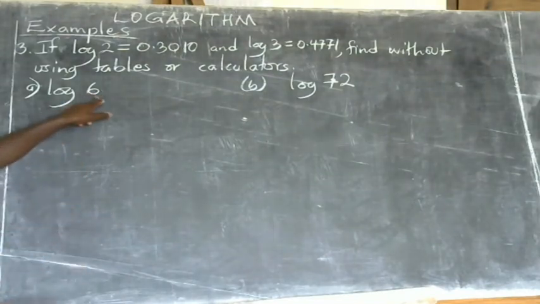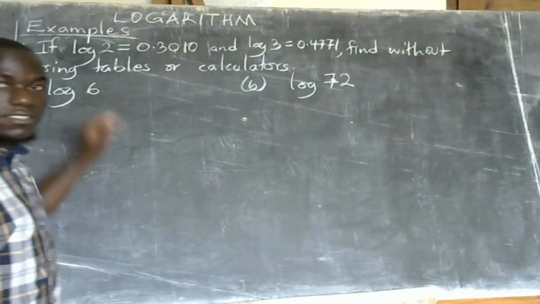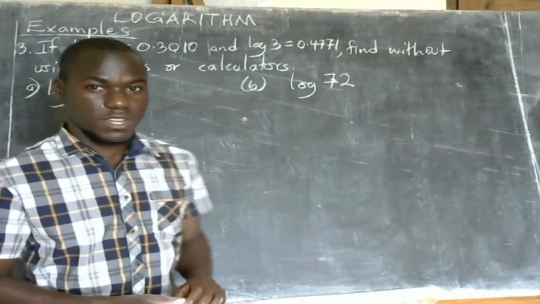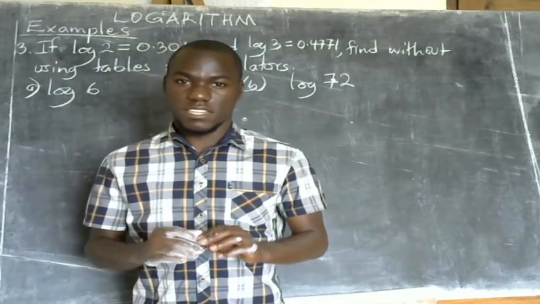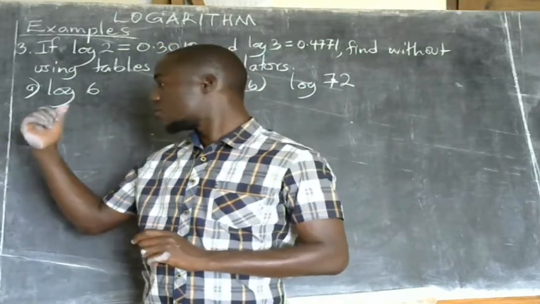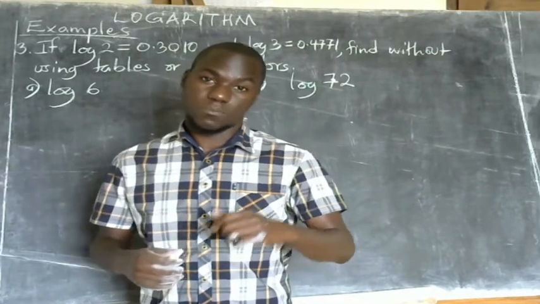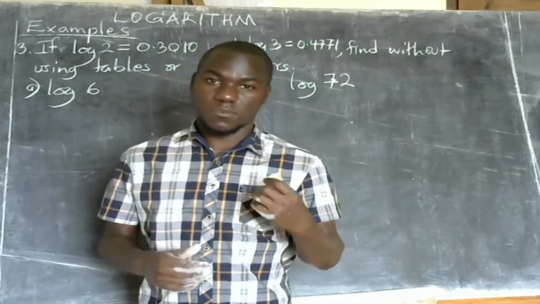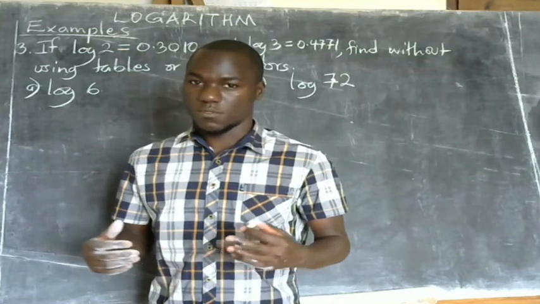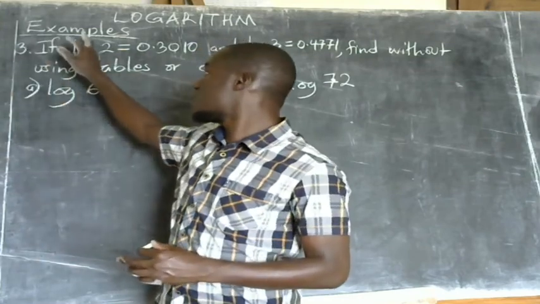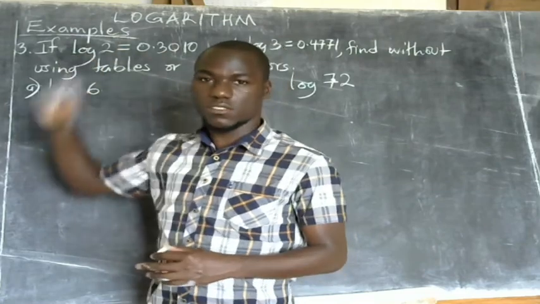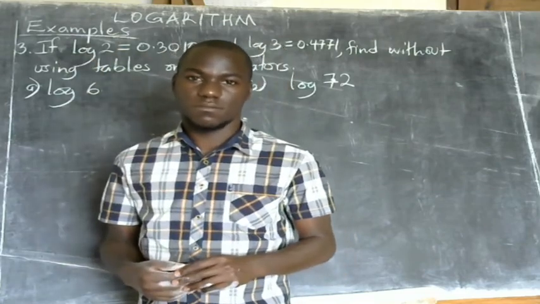So here, just like the previous example, we are going to write them as separate logarithms. That is, we are going to prime decompose now. 6 is a figure, and also part B, we are going to do the same, prime decompose the 72, and then we see how we come about with an independent log 2 and then log 3, then we substitute.